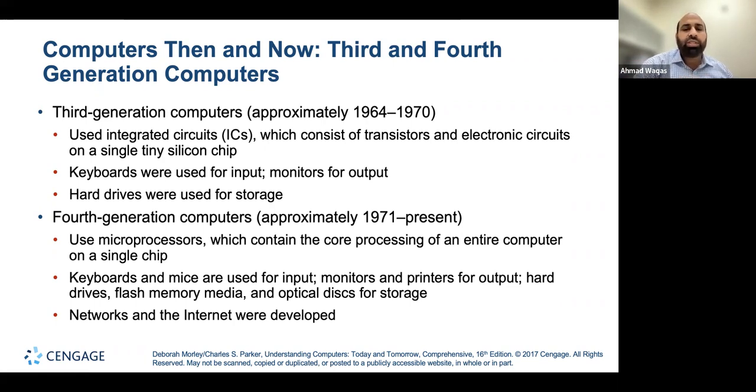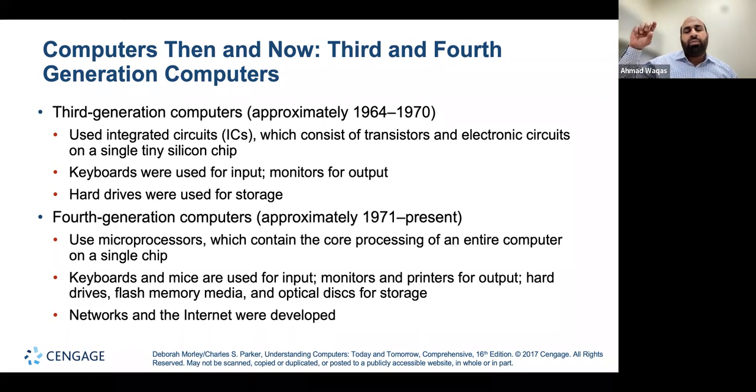The fourth generation started from 1971 and lasts until now, even though we have more powerful computers now, but that falls in the fifth generation. We'll see in the next slide. But in the fourth generation, microprocessors were used.